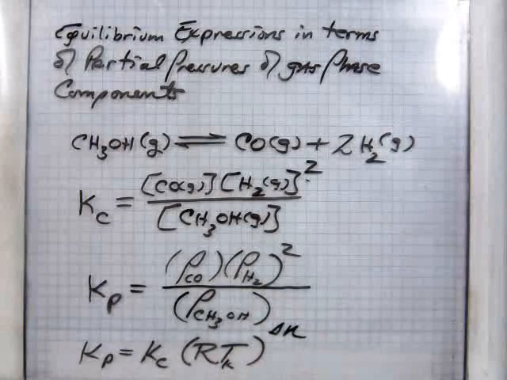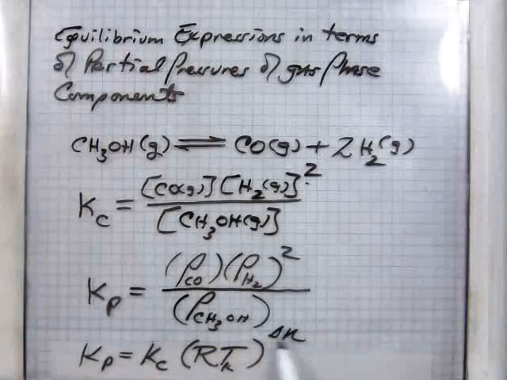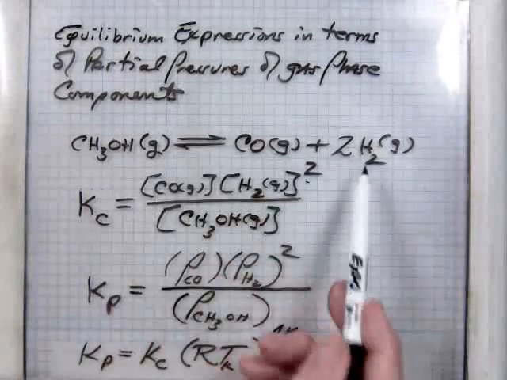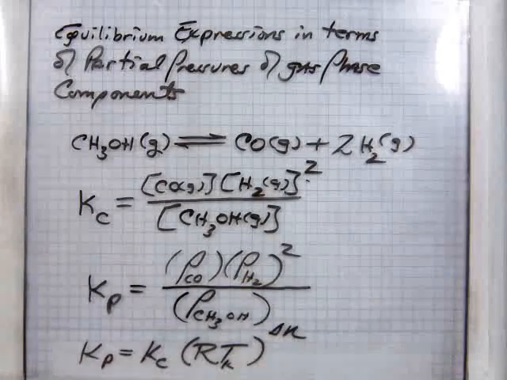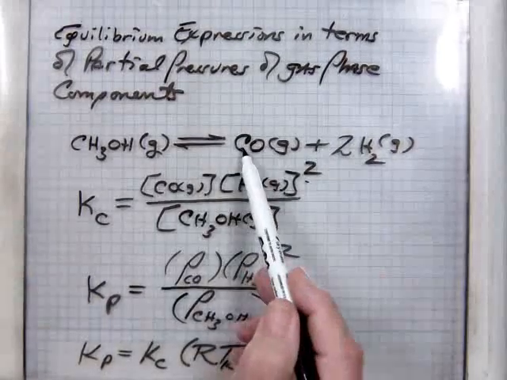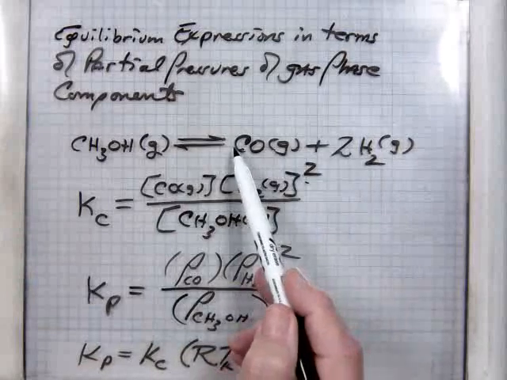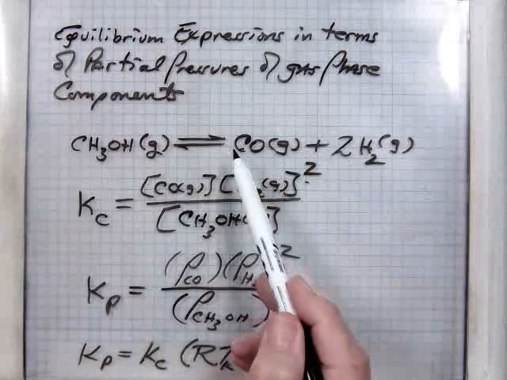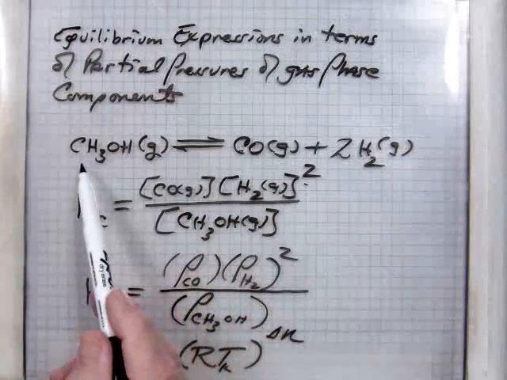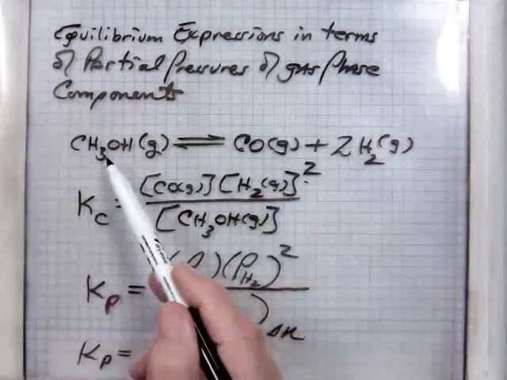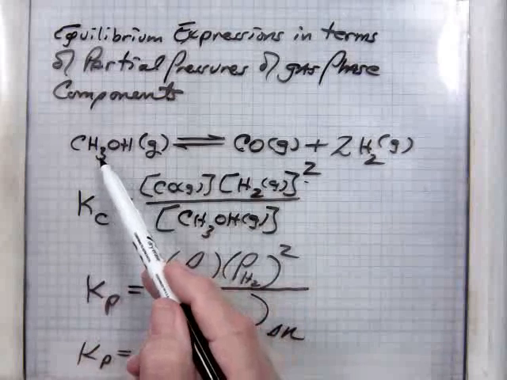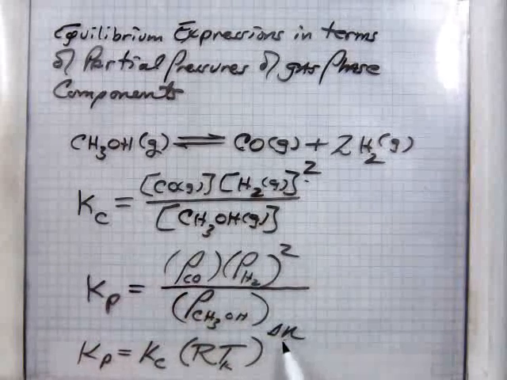The delta N means the difference in molar volumes between the products and reactants. We have 1, 2, 3 molar volumes on the product side here. Coefficients are moles, and that's also molar volumes. And then you have 1 molar volume on the reactant side. So your 3 minus 1 is 2, and that's what you would put as an exponent right there.